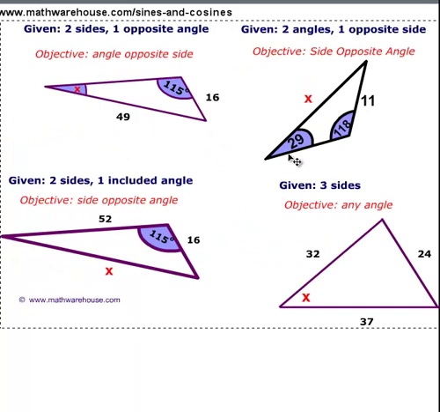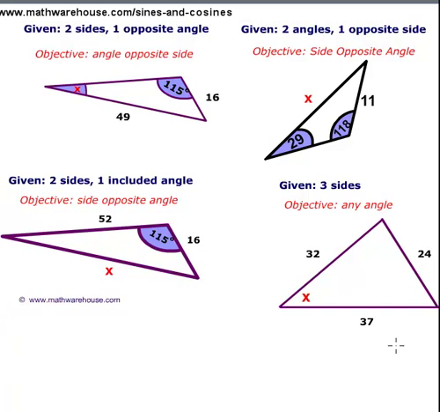You can now see 4 different pictures representing the common problems students have to solve involving sines or cosines. If you are given 2 sides and 1 opposite angle, like this picture, and you're trying to find an angle opposite a side, for instance, and we'll call this triangle 1, let's call this triangle 2, 3, and 4.